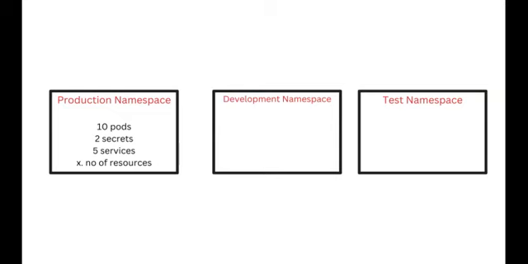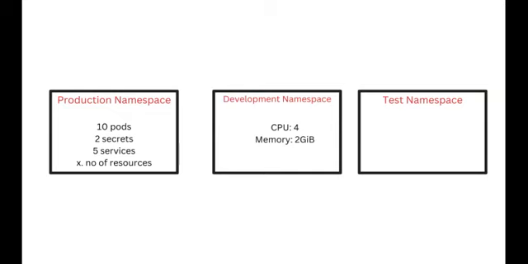You can even decide to set CPU or memory quota for a particular namespace. You might want to set a large memory or CPU quota for production namespace more than that of the development namespace.